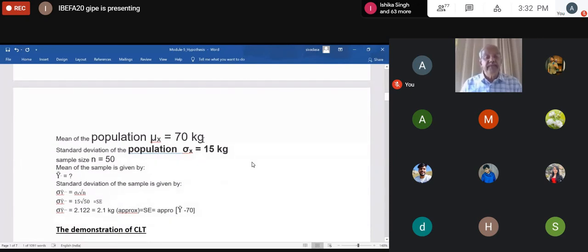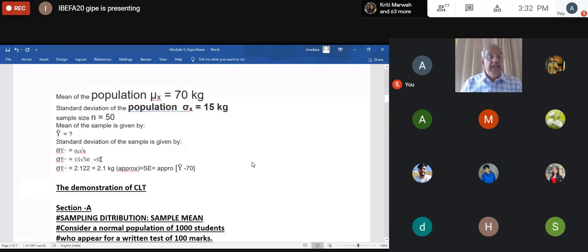So mu x is 70, standard deviation 15 given, n equal to 50. Mean of the sample is y bar and standard error will be sigma by root n. If I select a sample of 50 students, the deviation between sample mean and 70 will be not more than 2.1 kg is the answer.